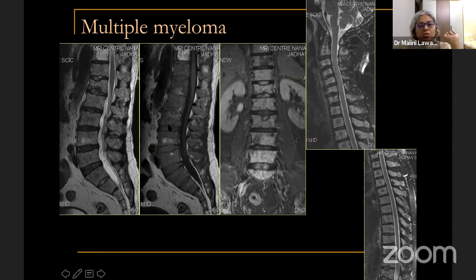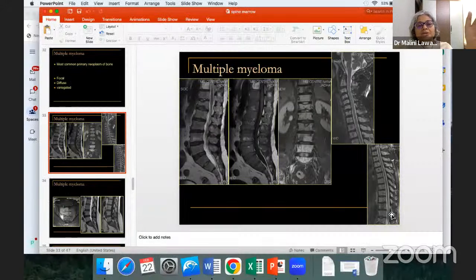So you already know something is wrong. Ignore this, this is bright on both T1 and T2, so this is hemangioma. But the rest of the vertebrae should not look dark like this. And on the STIR image, normally vertebrae should look dark because the fat gets suppressed. But here you can see they are very bright and heterogeneous. So this is typical for myeloma. These are fat-sat T2, and again you have diffuse involvement. But in about 10% of the patients, multiple myeloma can look only like osteoporosis, and MR may be normal. It's well described in articles also.